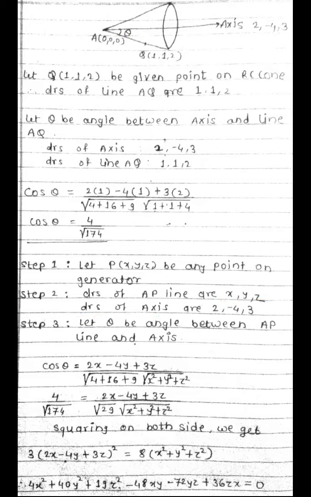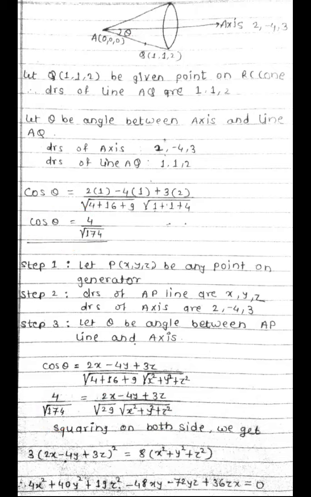Then in the third step, use the formula of cos theta. Let theta be the angle between the line AP and the axis. Put in the value of cos theta, which we already found, 4 upon root 174, and simplify the RHS.